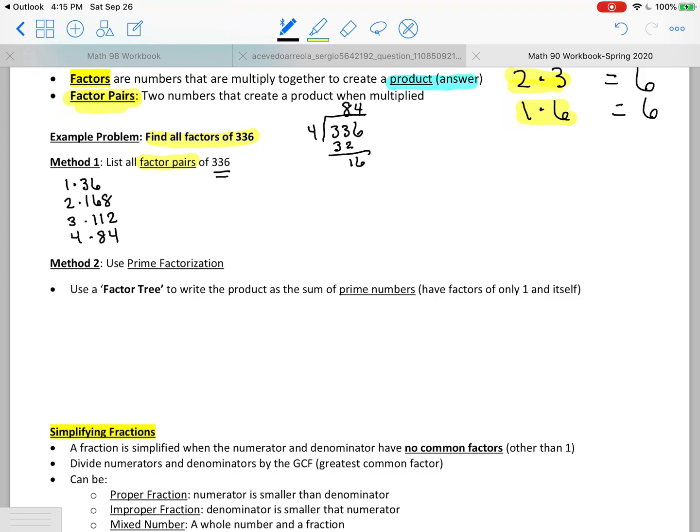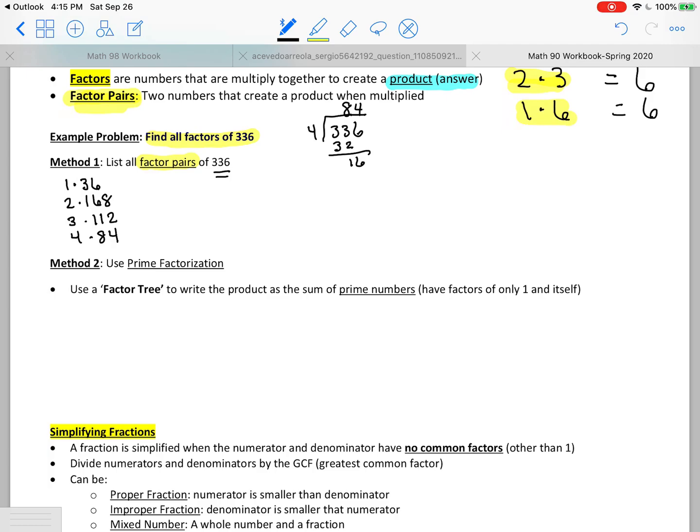You can see that we start to look at these factor pairs, and you can go up with your calculator if you want to. If you're doing this particular task, it's okay for you to pull out your calculator and just kind of get an idea.